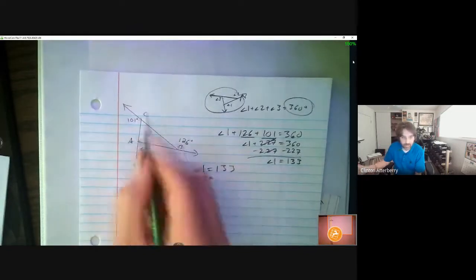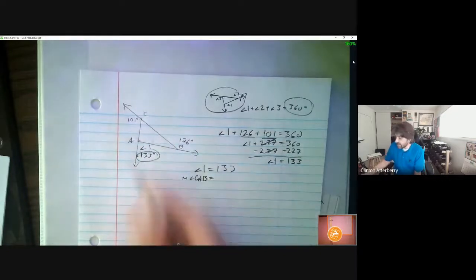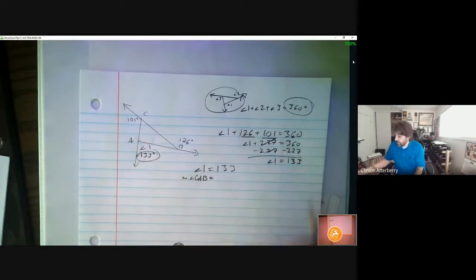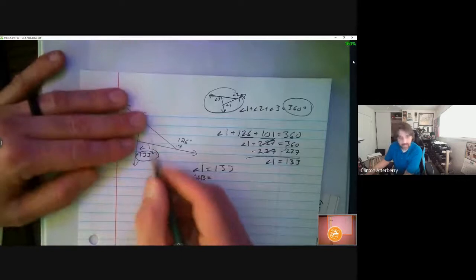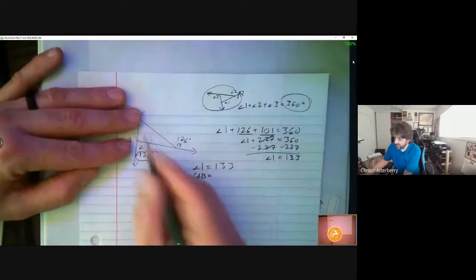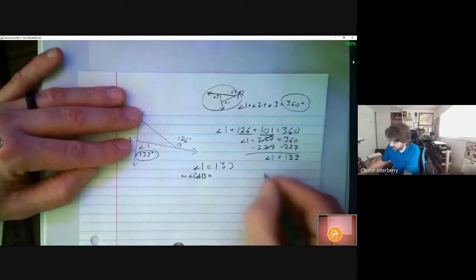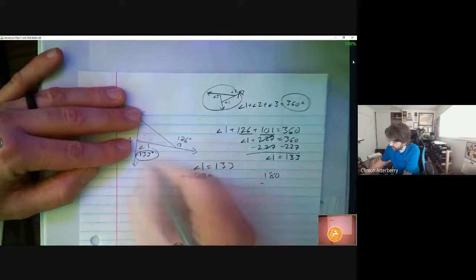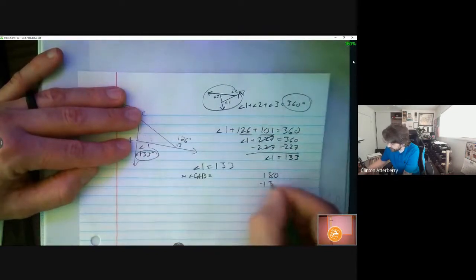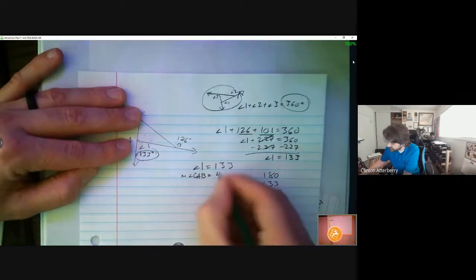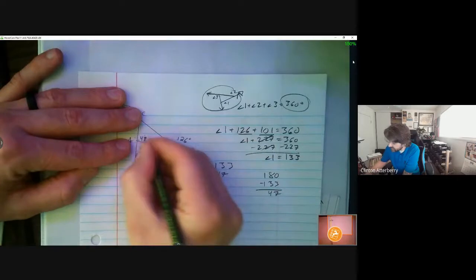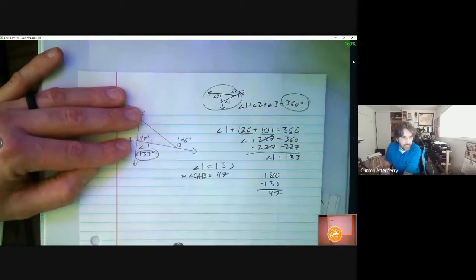Since these add up to 180, I can say this plus this equals 180. The shortcut is to say 180 take away this 133, and that would be 47. 47 and 133 add up to 180.